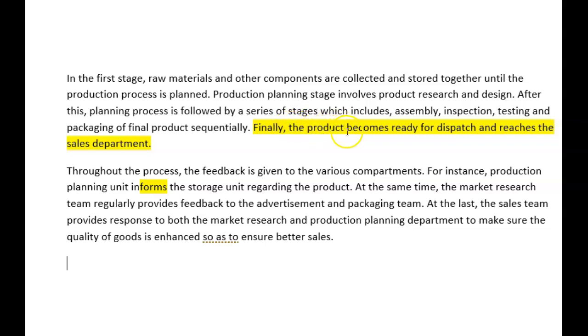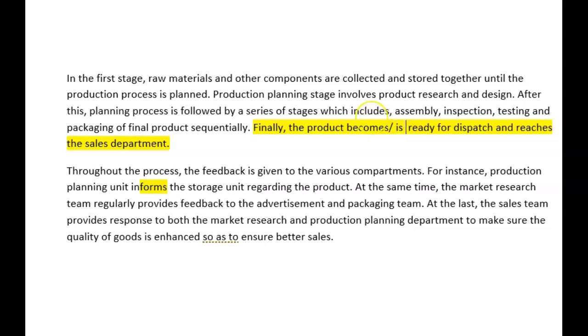I would change that around, saying once the product is finally ready for dispatch, or finally, here we go. Finally, the completed product is dispatched and reaches the sales department. Okay, is dispatched and sent to the sales department. I'm trying to put in more passive verbs here. Okay, instead of becomes ready, present tense.